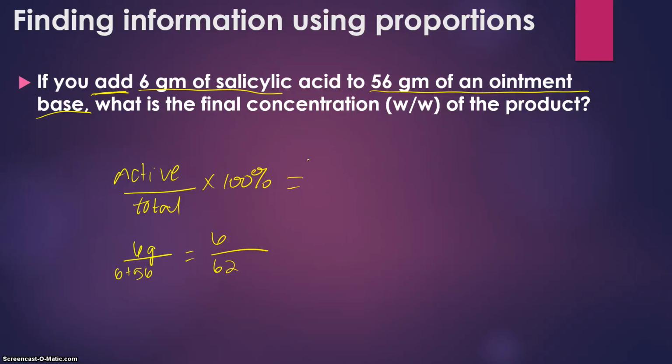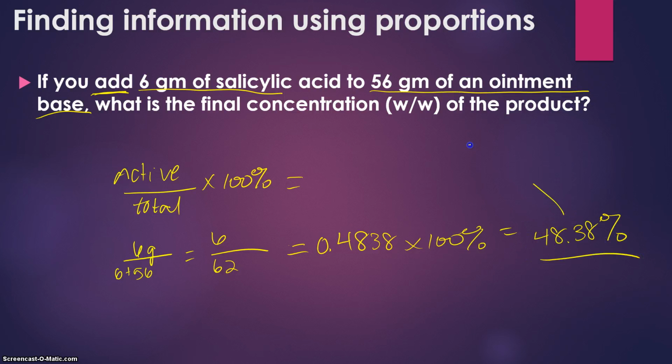Let's calculate that. Gives you 0.4838, and then we're going to multiply this by 100%. And that's how you get the percent, 48.38%. So that's the final concentration, weight by weight of the product.